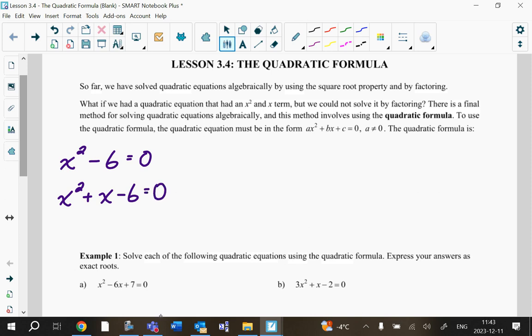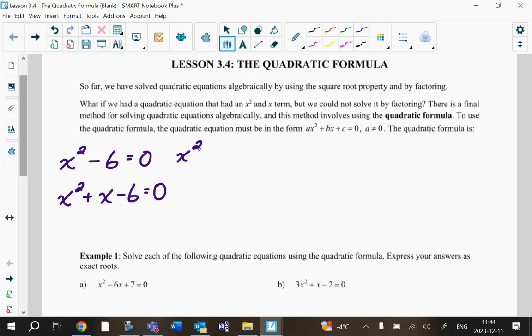what's the difference between these two quadratic equations? Yeah, the second one has an x term. If there's no x term, like the first one, no x or no 7x or no minus 4x, that's when we use the positive and negative square root.